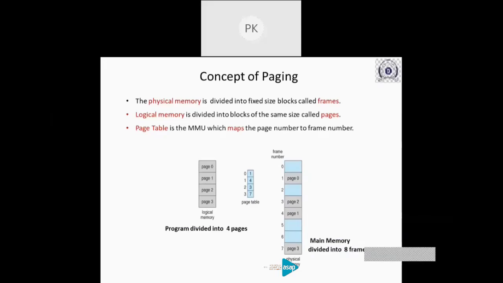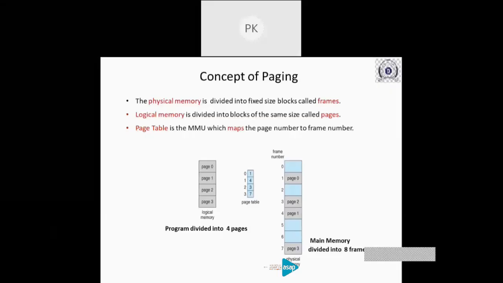Hence, the main memory locations are called physical address locations, and hence the address space of main memory can be treated as a physical address space. Rather than telling that main memory is divided into fixed size blocks called frames, what we can tell is physical address space is divided into fixed size blocks called frames.